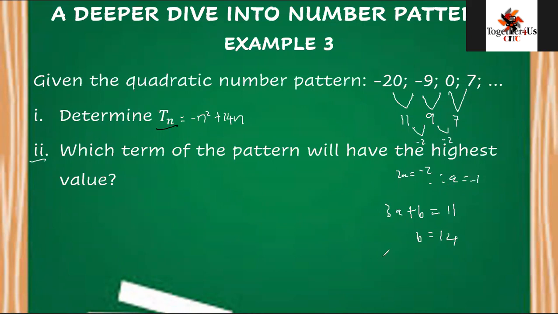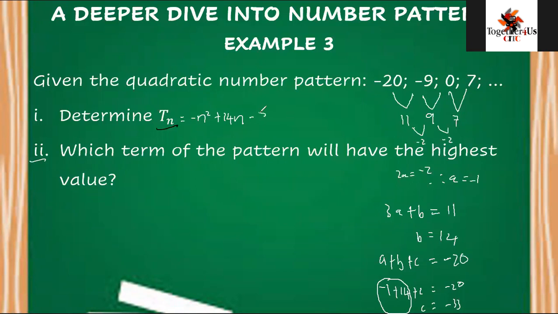And finally, we know that a plus b plus c will be term 1, which is -20 in this case. We have found a to be -1 already. b is 14, plus c, which is -20. So what we have here is actually 13, but now going to the other side it's going to be negative. So c is actually -33.